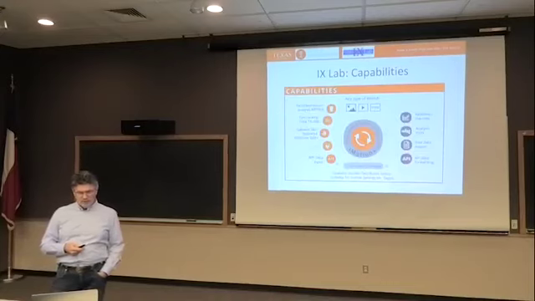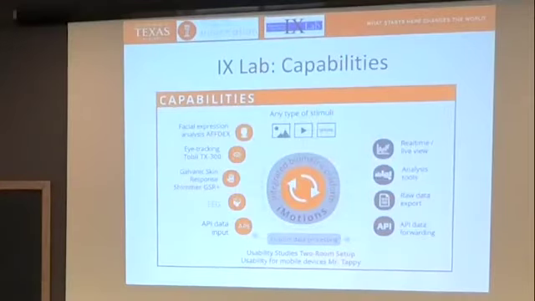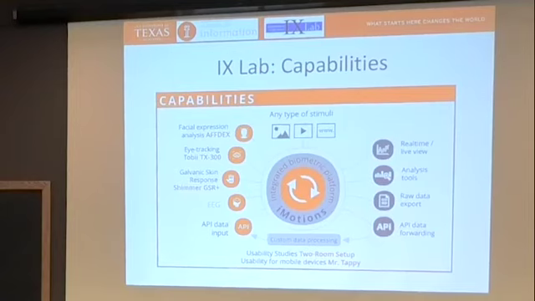Our capabilities in the lab include, so first I should say the setup is a two-room setup. It's a kind of standard usability setup of a usability lab with one room where we test participants, and the second room is for observation with one-way mirror between these rooms. And one of our main technical capabilities is eye tracking with software called iMotions.